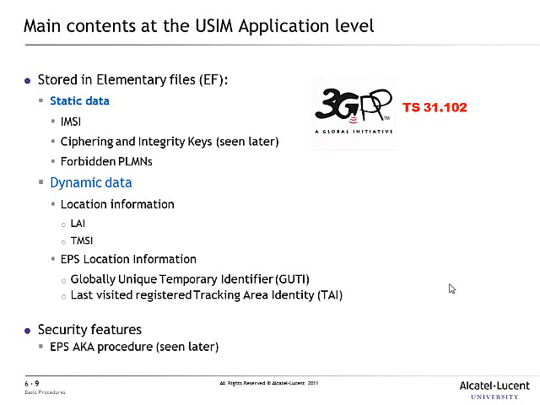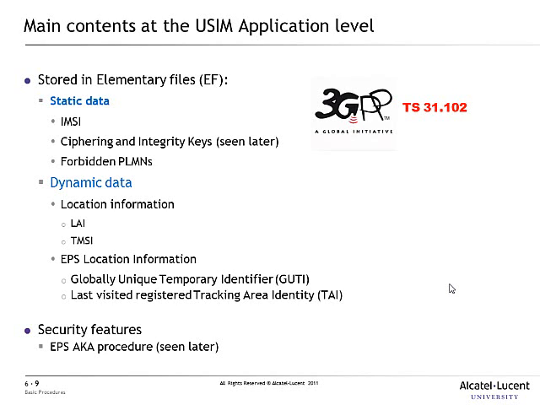So when you land in Singapore airport, they don't want you to go onto any of the other Singapore networks like StarHub or one of the others. So they might put those as forbidden PLMNs, so that when you switch on your mobile and you land at Singapore airport, you don't go into the forbidden PLMNs. You only go into the authorized PLMNs. PLMN stands for Public Land Mobile Network.